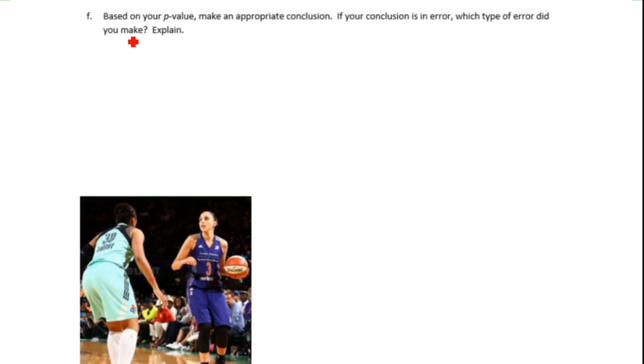If your conclusion is an error, what type of error did you make? So our conclusion with 1% would be we failed to reject H0. I'm sorry. It would be we reject H0.